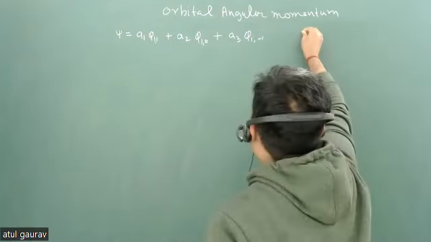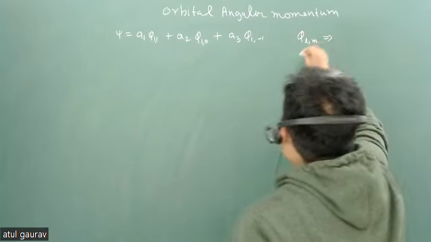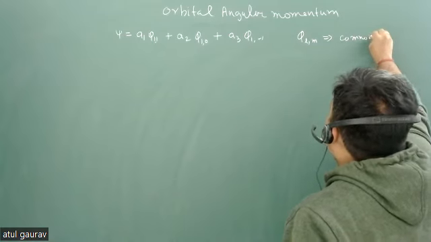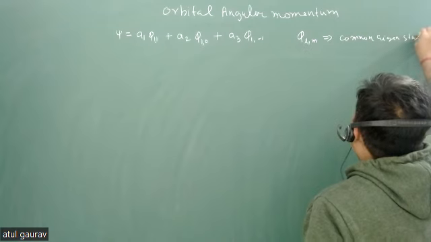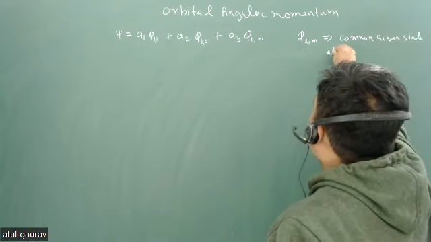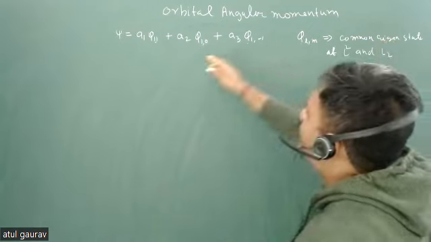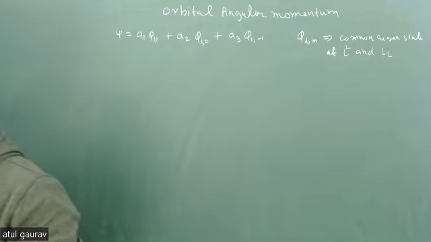And what is phi LM? Phi LM is the common eigenstate of L square and LZ. So basically these are spherical harmonics.